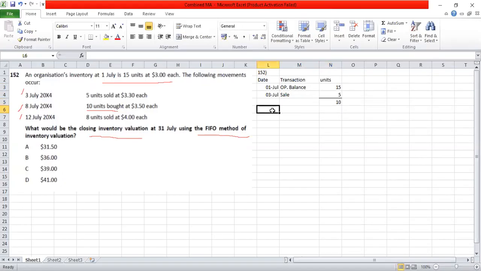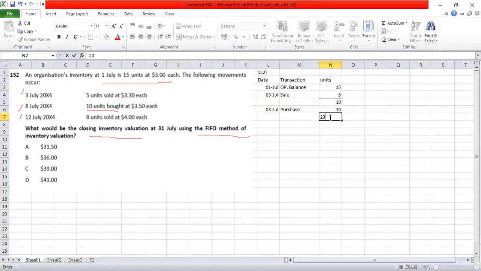Then the next transaction, what happened was, that was on 8th July. So on 8th July, they purchased again 10 units. Then the total balance after this is they have 20.